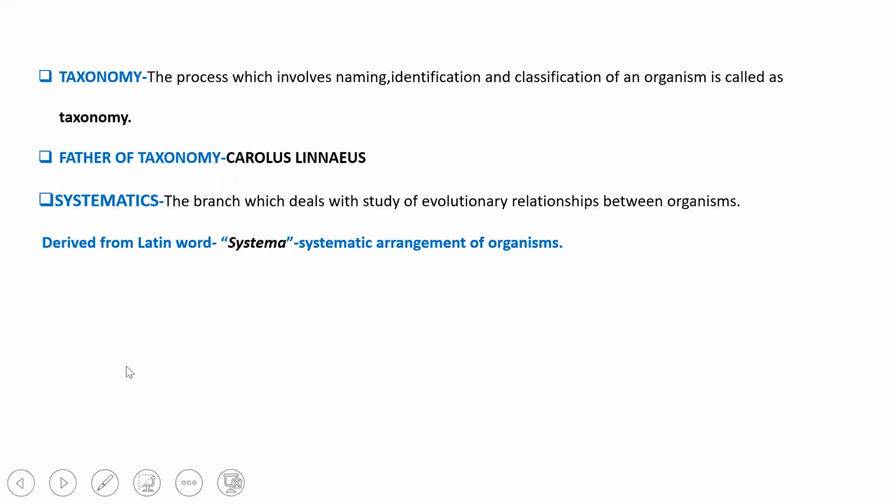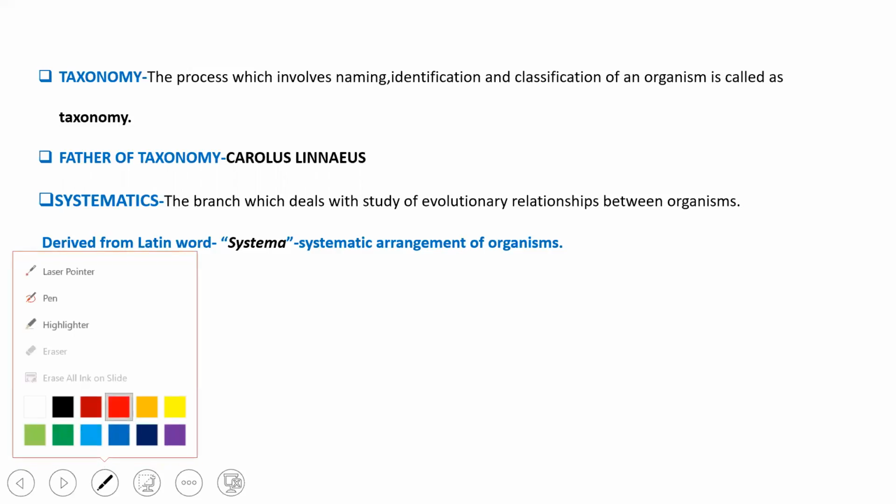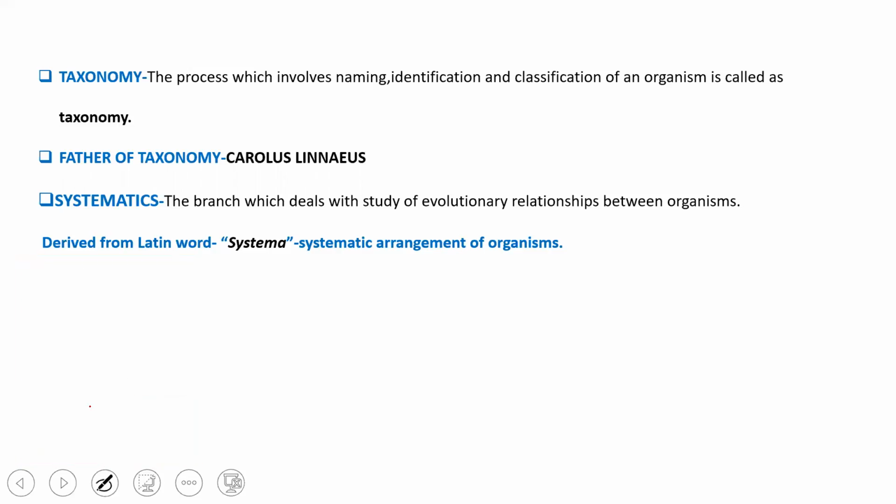So taxonomy plays a very, very important role. How does it play an important role? Because any organism we have to identify. How do we identify it? Based on the characteristic features. If we have to identify them based on the characteristic features, then comes the next process, that is naming. So when we look into an organism based on the characters, we can identify and name it, which is called nomenclature.